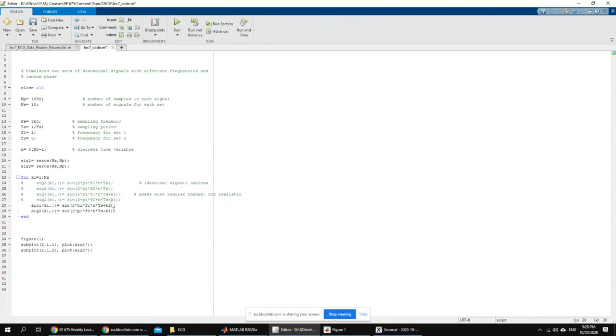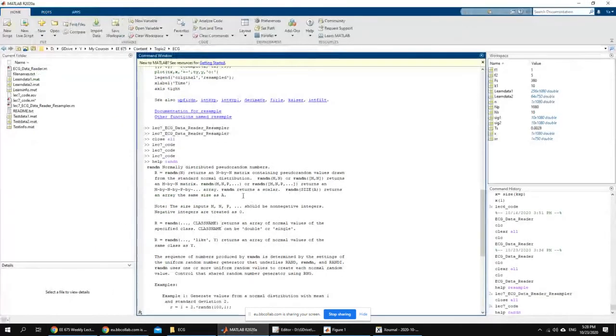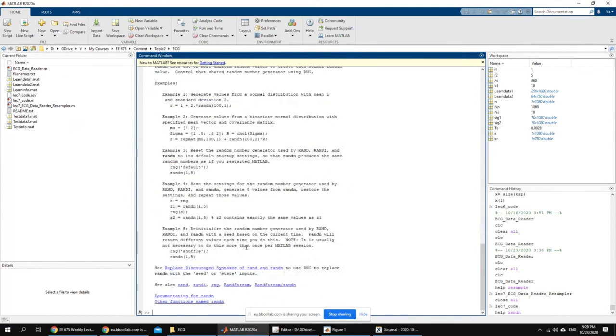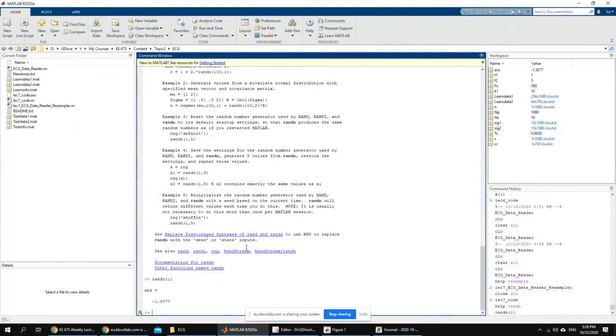Okay. Now I'm going to replace that with randn. Randn, the only argument that you have here is a number. If you have just one number, it's going to give you an n by n matrix. So if I put here 1, then it will give me just a random number. If I say randn of 1, it's going to give you a number.